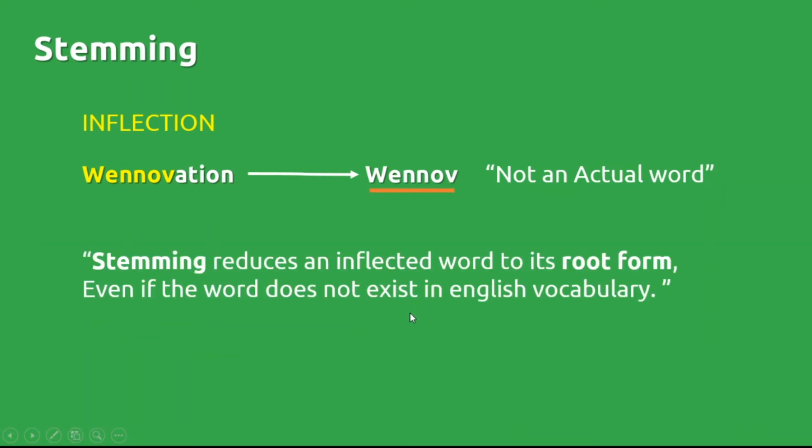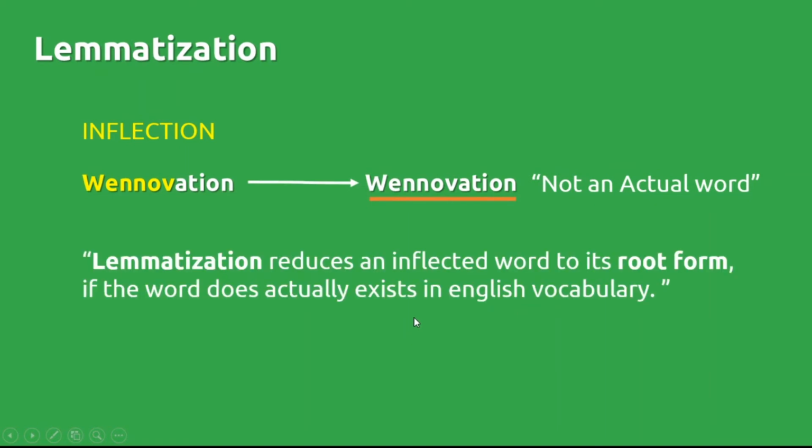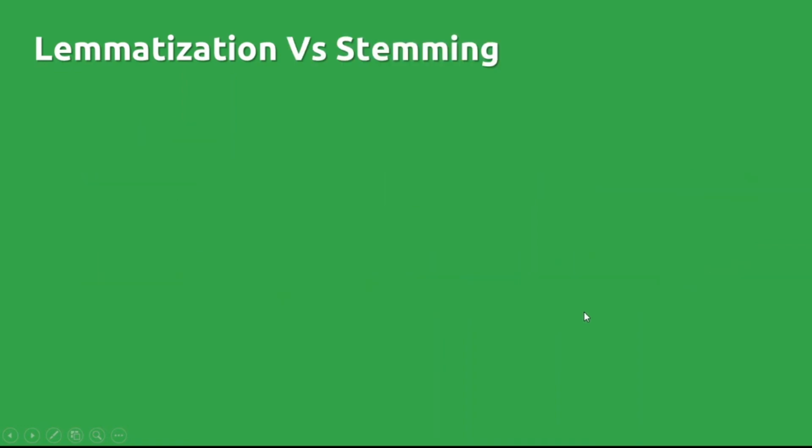So stemming reduces an inflected word to its root form even if the word does not exist in English vocabulary. On the other hand, lemmatization reduces an inflected word to its root form only if the word exists in the English vocabulary.